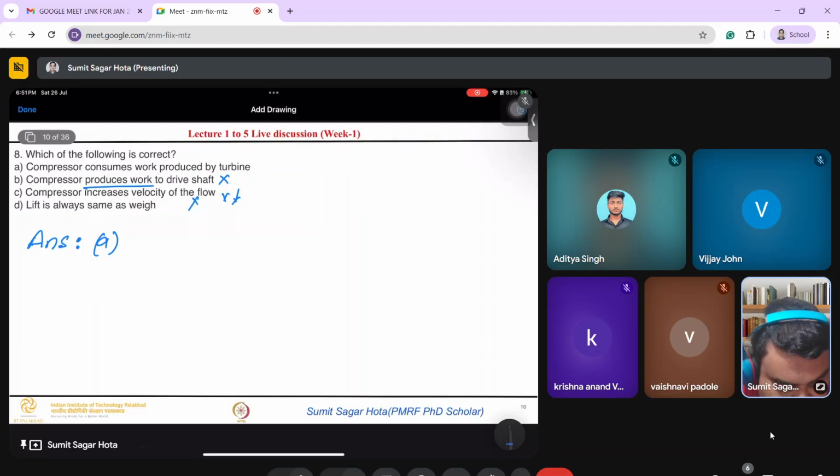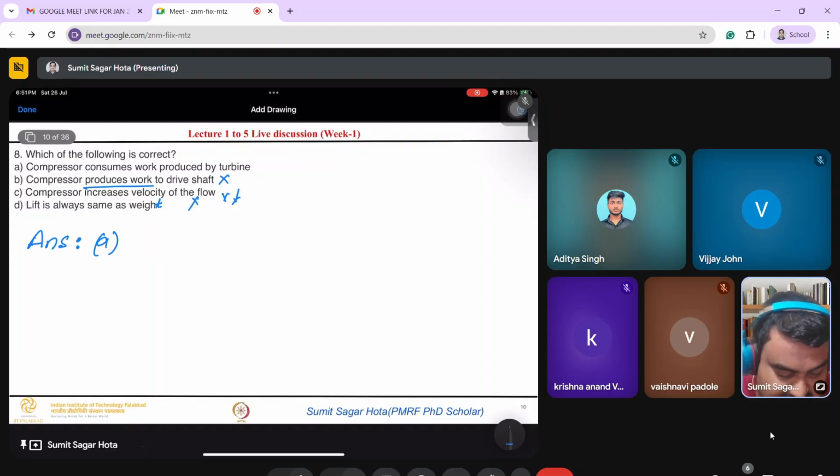Lift is always the same as weight. Lift is a different thing, weight is a different thing. Lift and drag are different things, so lift is never equal to weight. It's not always valid, because there are some other factors, for example how much drag is applied on the aircraft, or other losses like friction loss.